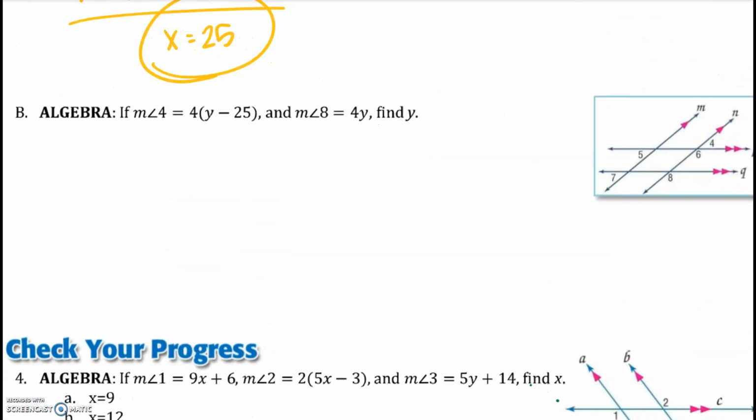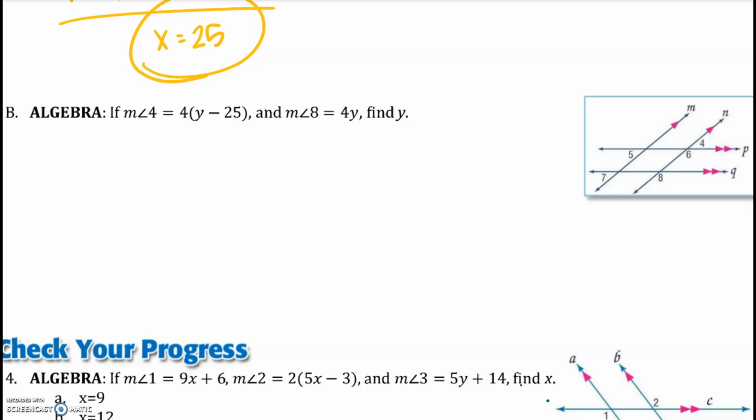All right, let's try this one. Again, let's see what they give us. Angle 4 is right here, and angle 8 is right here. All right, so I'm going to highlight this line and my transversal line. It doesn't look like they have any direct relationship.